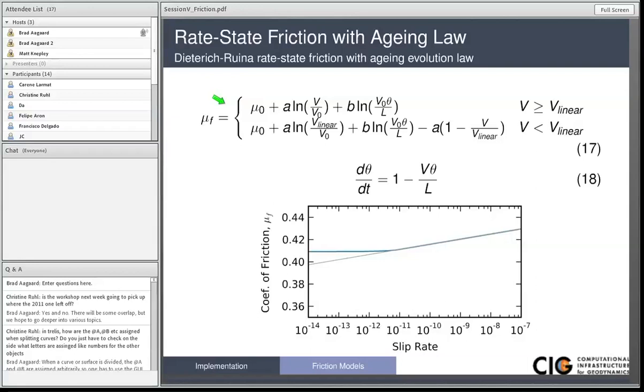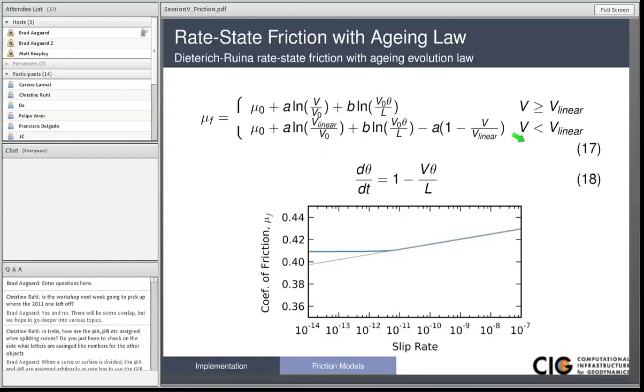With our quasi-static simulations and our iterative solver, it doesn't make sense to have the coefficient of friction going to 0 as your slip rate goes to 0. So instead, we use a slightly different regularization where we combine the logarithmic term with the linear term, where this linear term kicks in when our slip rate drops below some threshold that we call V linear.